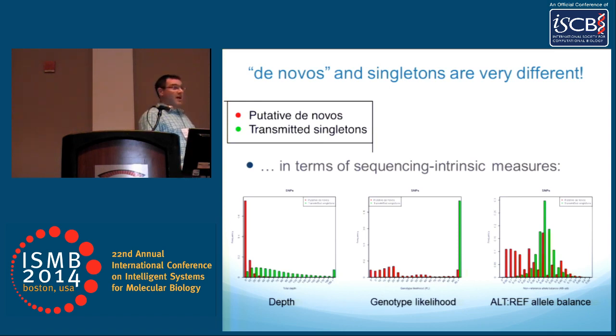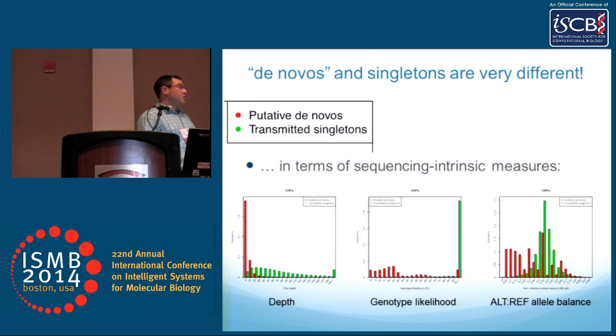Starting with depth: if you look at the number of sequencing reads that map to that particular site, the green, which is the distribution of transmitted singletons, has much higher depth than these putative de novos. The call set is meant to be very sensitive, but that also makes it very sensitive to noise, and this is really just enriching for noise when you're looking for cases where the kid has an allele that the parents don't. So the putative de novos are just very low depth.